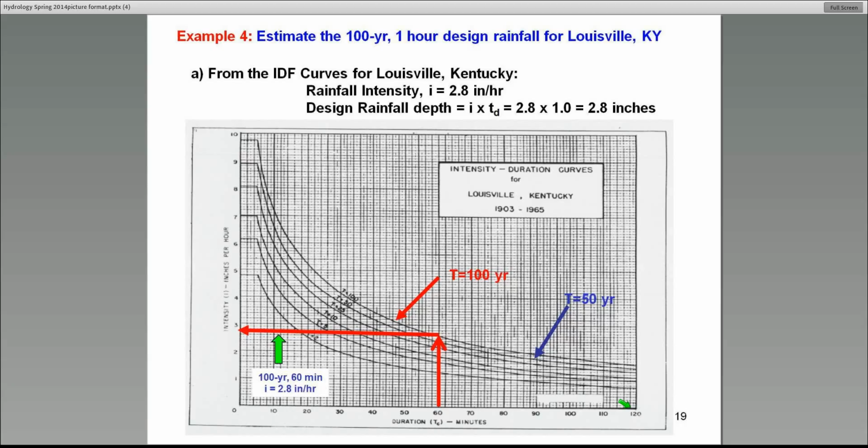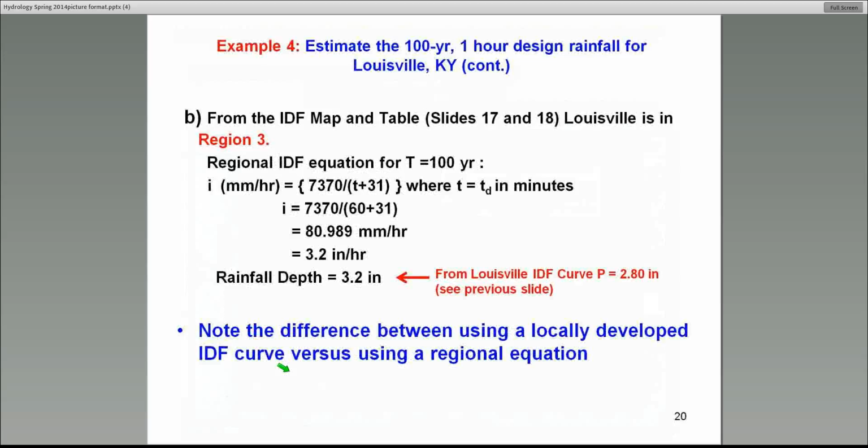Now, the top curve is for a 100-year event. The bottom curve is for a 2-year event. In this case, for Louisville, a 60-minute duration storm will give you an intensity of 2.8 inches per hour, which can be converted to a depth. Since 60 minutes is 1 hour, that also represents 2.8 inches of rainfall depth for the design storm.